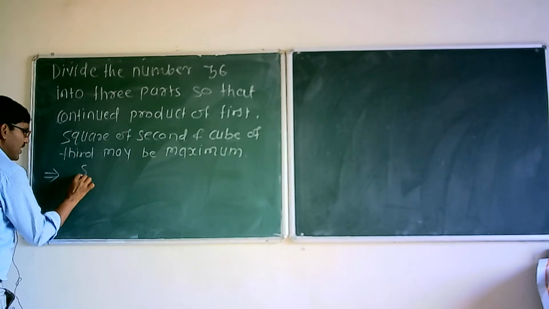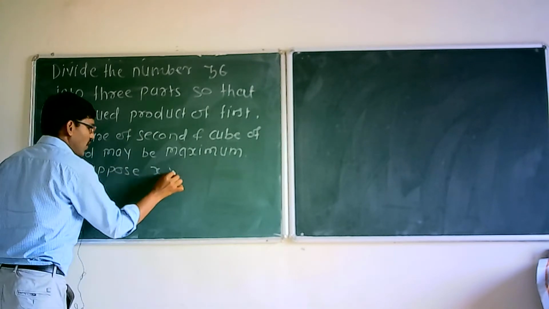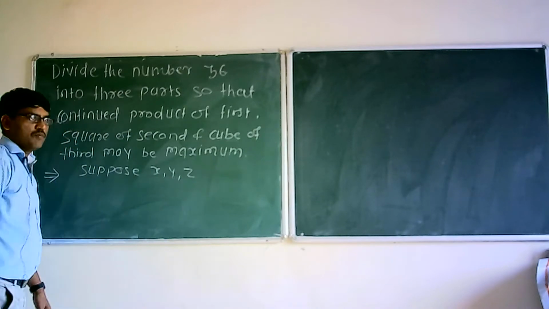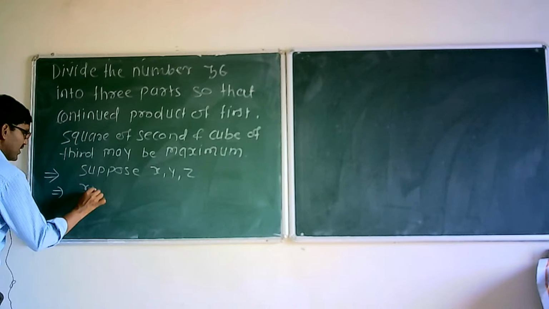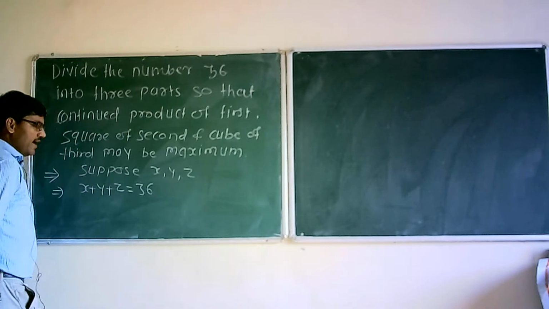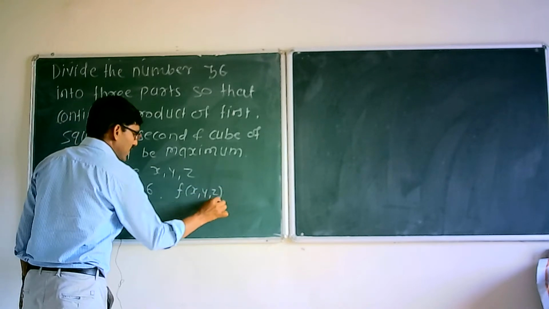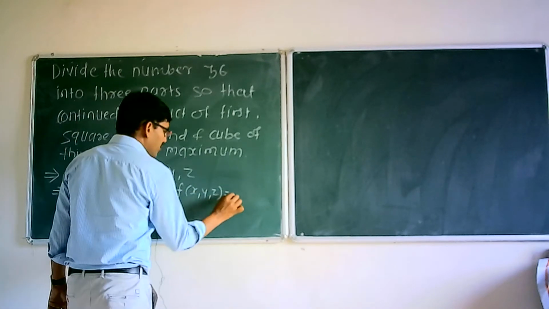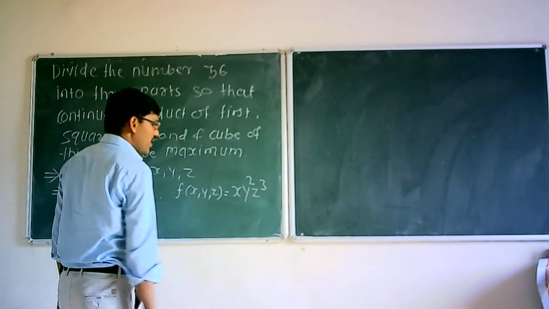Suppose x, y and z be such numbers. Then what is given? x plus y plus z is equal to 36, and we want to maximize f of x, y, z, the continued product of the first, square of the second and cube of the third.